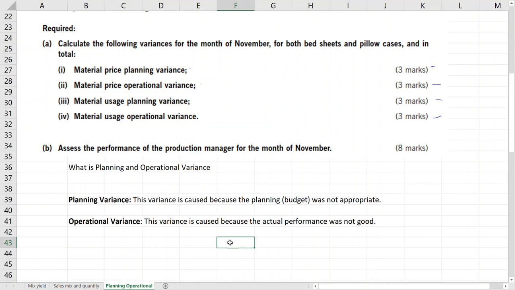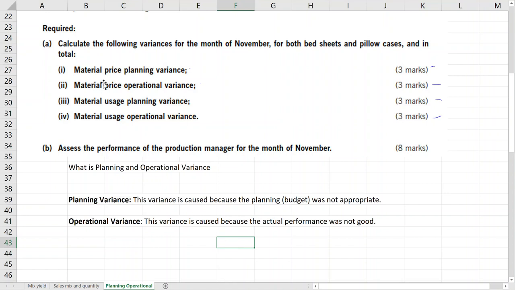Let's say $3,000 was because we didn't purchase the right way, and $1,000 was because the prices in the market changed. We didn't have anything to do with that, so that is called planning variance. For the $3,000, we bought it expensive. There was a shopkeeper who sold it expensive and we didn't know the market price. So all these variances can be divided in two parts.